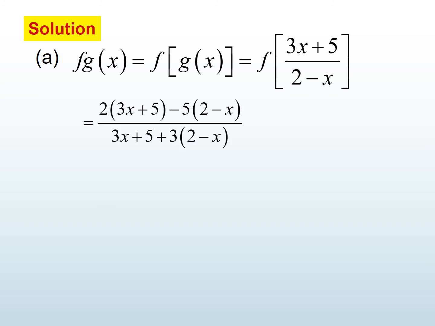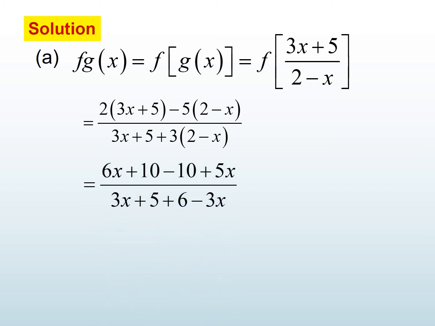We get 2 multiplied by 3x plus 5, minus 5 multiplied by 2 minus x, over 3x plus 5 plus 3 multiplied by 2 minus x. And then we simplify, we get 6x plus 10 minus 10 plus 5x over 3x plus 5 plus 6 minus 3x. Simplifying, we get 11x over 11, which equals x.